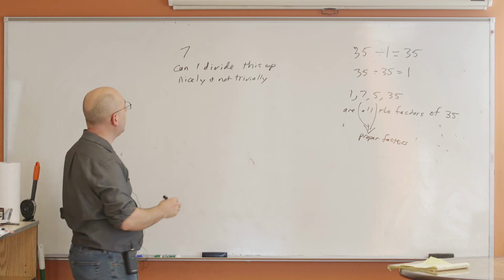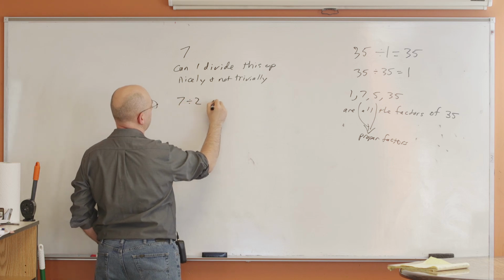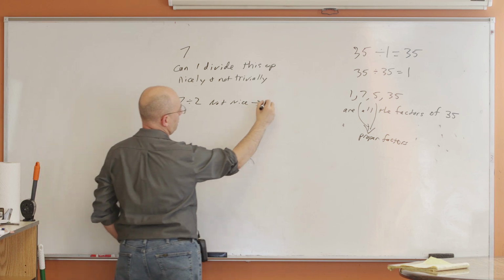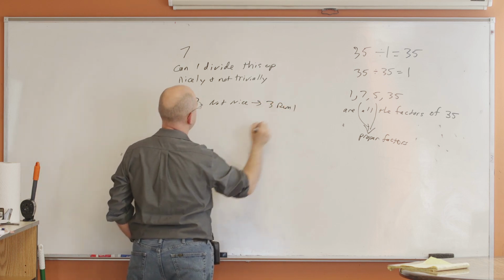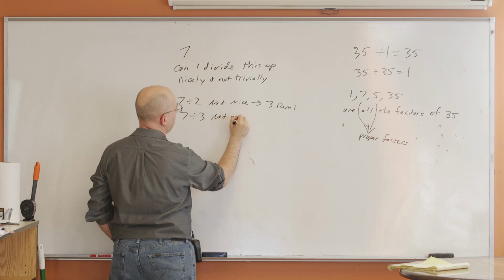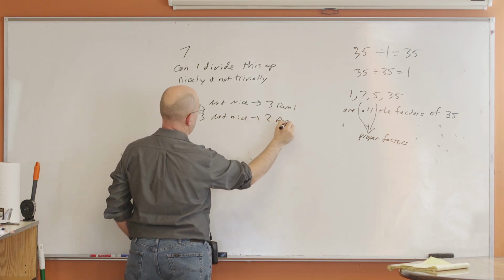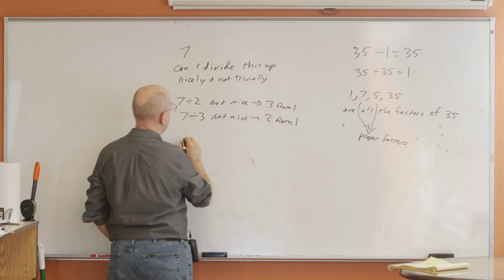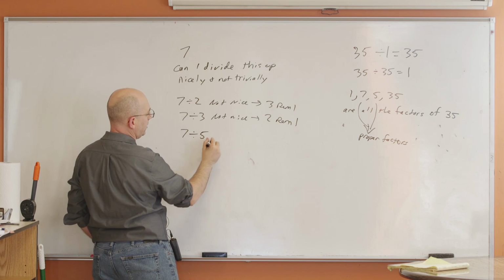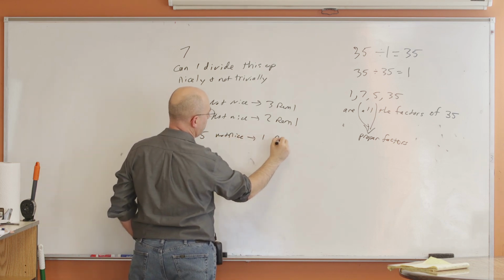No. So 7 divided by 2, not nice, it's 3 and remainder 1. 7 divided by 3, not nice, that's 2 and remainder 1. And I'm going to skip over 4. 7 divided by 5, not nice, 1 and remainder 2.